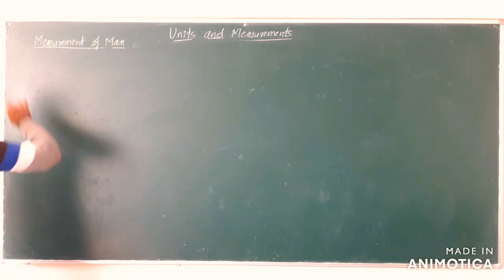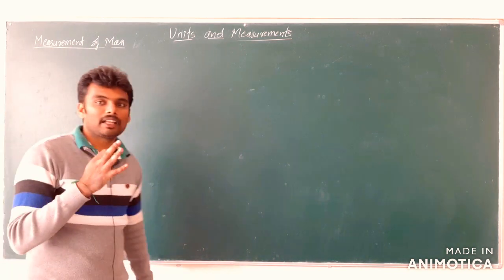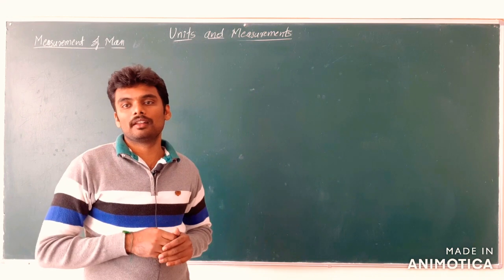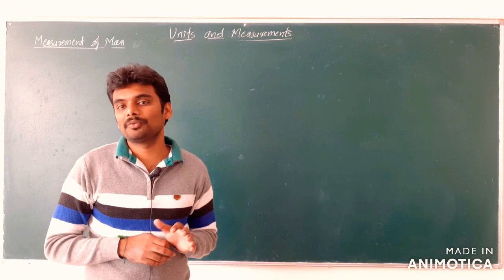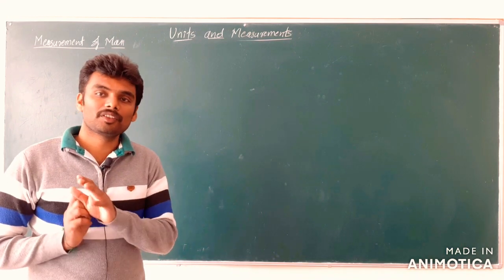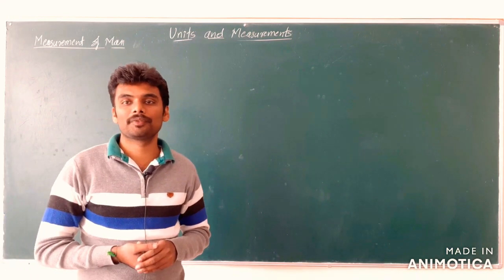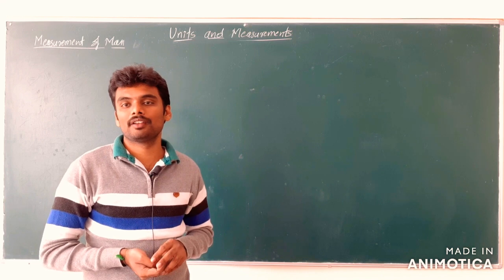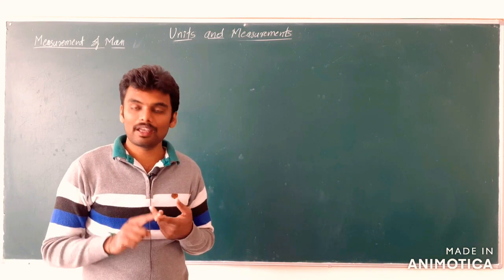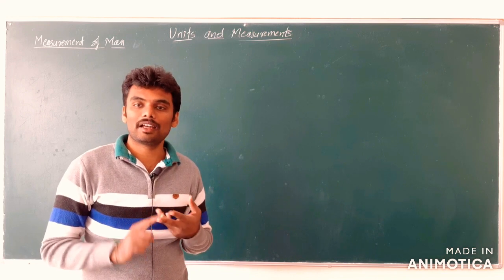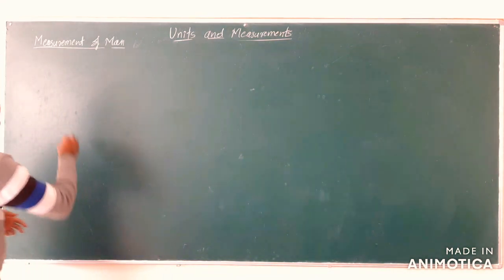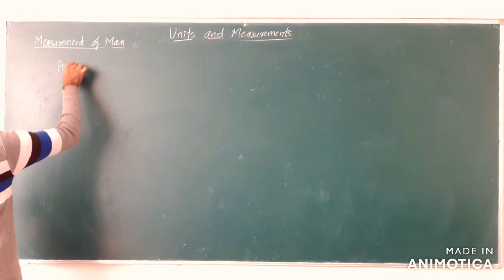Once again in mass measurement we have 3 ranges similar to length. This time we are not going to take any method in detail. It is just the mention of methods that we have for measurement of mass. So we will take all 3 ranges of masses: average range, large range, small range. First let me take the average range of mass.